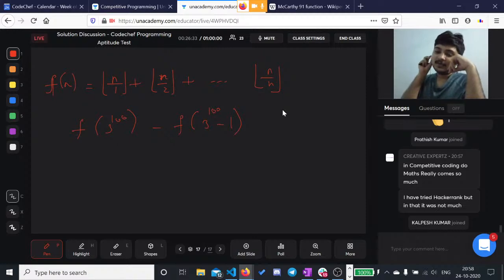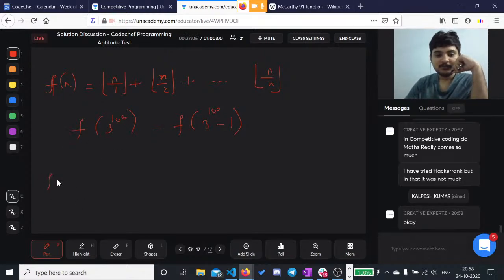Well, you have to try a bit more. There are some questions in number theory, especially, maybe even computational geometry, that require some math. But there are a lot of questions you can solve without math also. And I hope there were a lot of questions here that didn't involve a lot of maths as well.